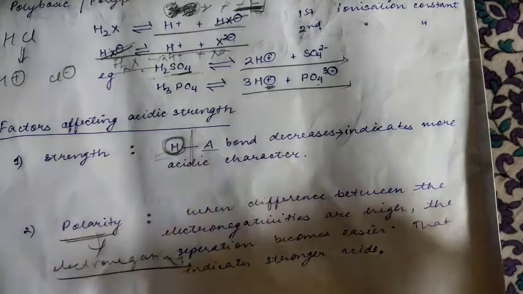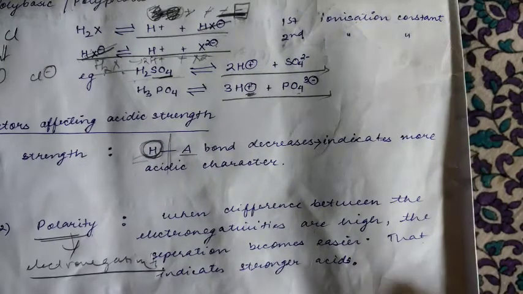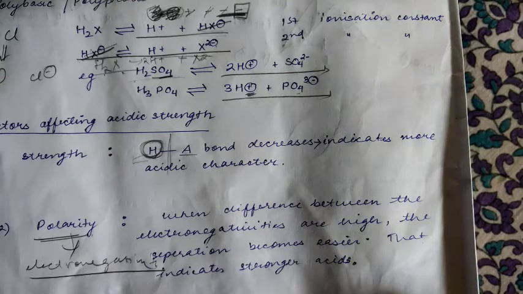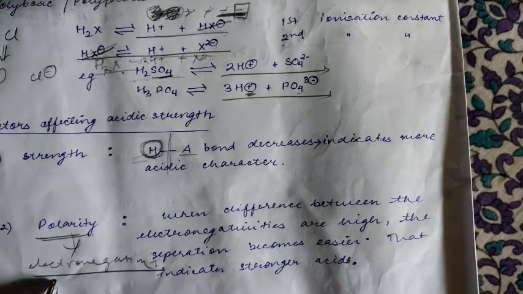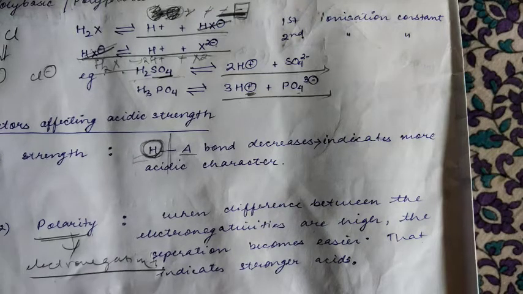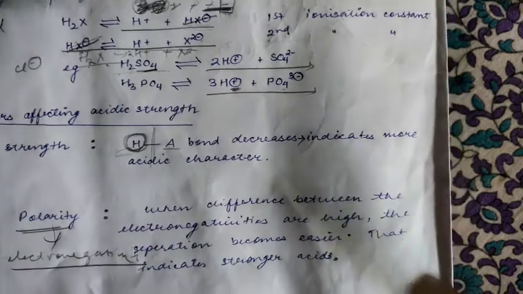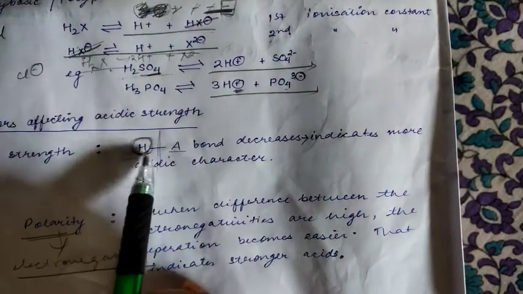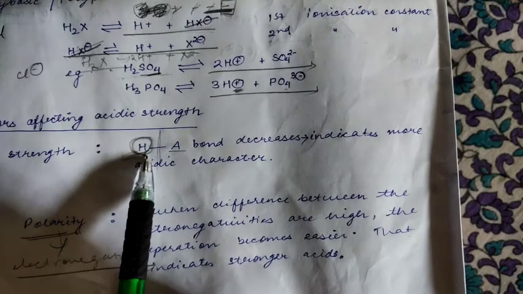So more electronegativity means that a particular element will withdraw the electron towards itself more, and if less electronegative, that element will withdraw the electrons with less tendency. They do not have the tendency to take up the electrons. Now you take H and A as an example.